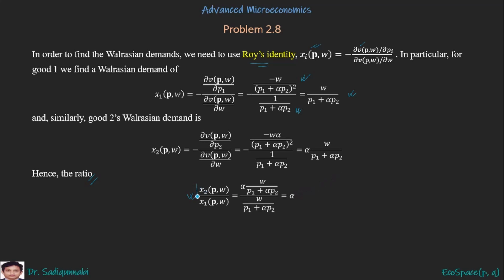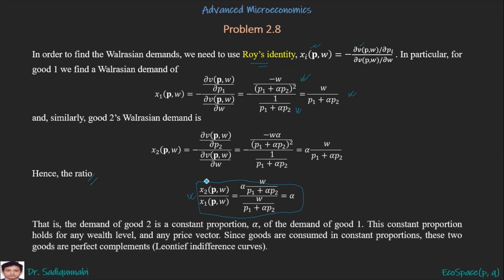So what is the intuition behind this? The demand for good 2 is a constant proportion alpha of the demand for good 1. This constant proportion holds for any wealth level and any price vector. Since goods are consumed in constant proportion, these two goods are perfect complements.